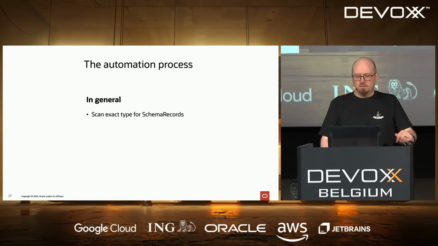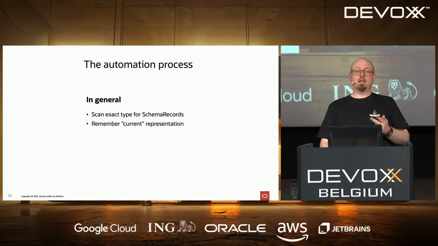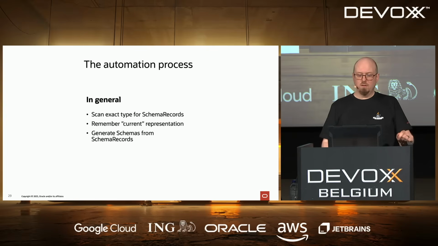So how do we figure out what sort of schema records are available for point? Well, if we want to try to marshal a point, we can just scan point and see, okay, does it have any defined schema records? And I can figure out what the current one is, because it could be multiple. Imagine that you have older versions that you want to support. And then we can take those schema records and generate schemas from them.